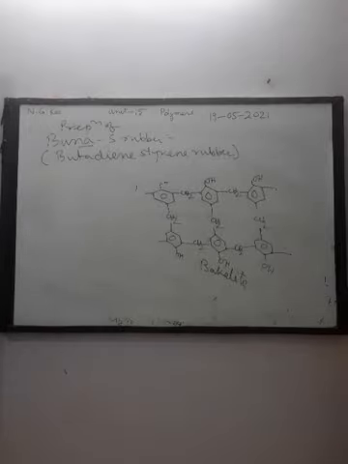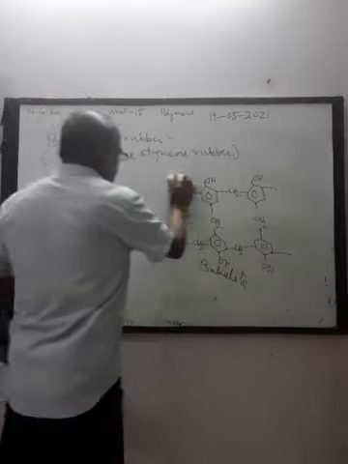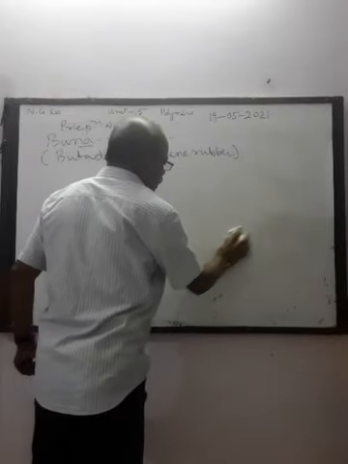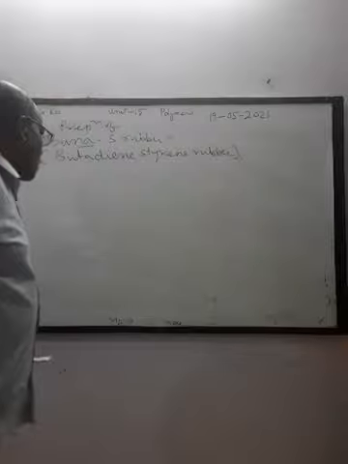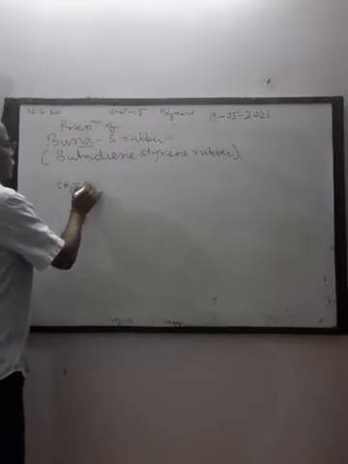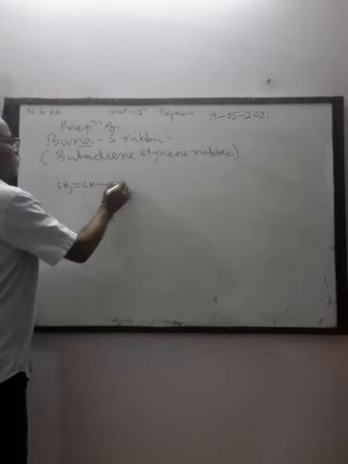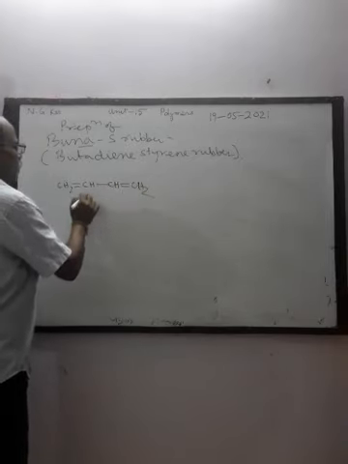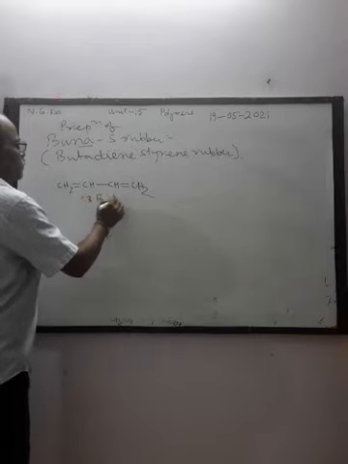For preparation of Buna-S rubber, two compounds are required. One is 1,3-butadiene and the other is styrene. So this is 1,3-butadiene, or simply called butadiene.